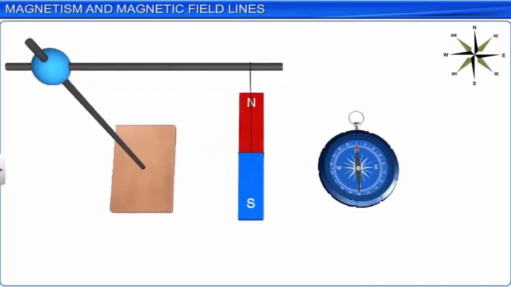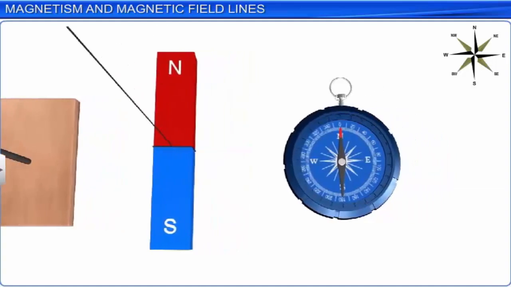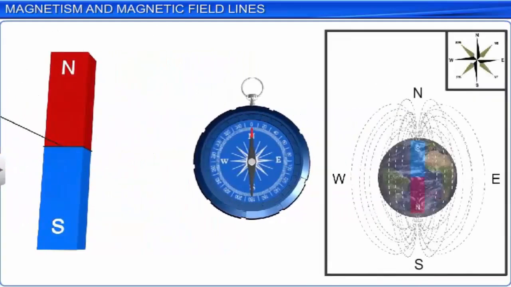One end of the magnet points to the geographic north pole, called the north-seeking pole or north pole of the magnet, and the other end points to the geographic south pole, called the south-seeking pole or south pole of the magnet. This is because the Earth behaves as a huge bar magnet with its magnetic north pole located near the geographic south pole, and with its magnetic south pole located near the geographic north pole.